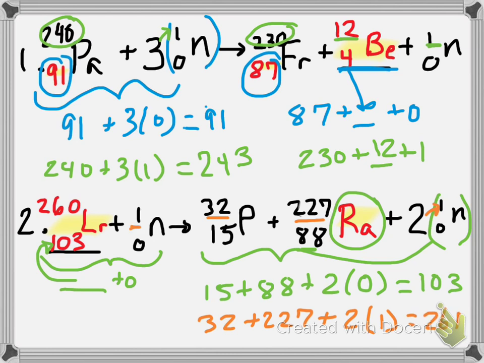And so I had 1 neutron on the left side of my equation, so I know that 1 plus blank has to equal 261. So 261 minus 1 is 260, so 260 plus 1 equals 261. So that's where the 260 came from.